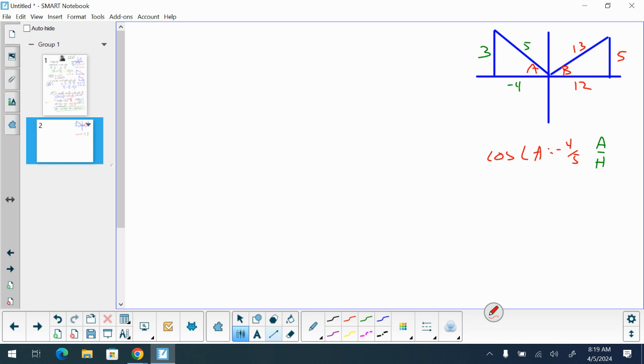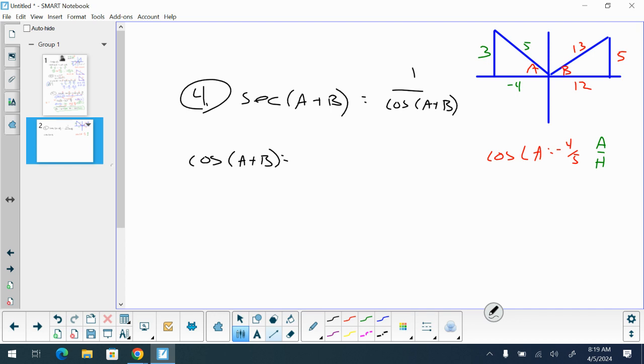Very quickly, let's look at problem number 4. Secant of A plus B. We don't have a secant formula, but we have cosine. Secant of A plus B is equal to 1 over cosine of A plus B. So whenever you find this value, when you get done, you can just reciprocate it.